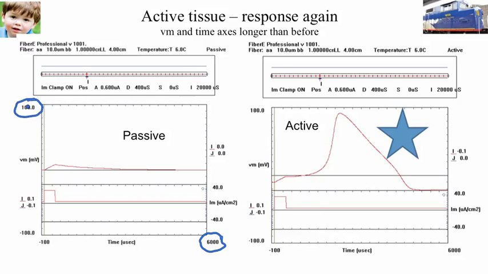And we have that both on the passive curve and on the active curve, so they correspond. First, let's look at the stimulus. The stimulus down here is exactly the same, 400 microseconds long, same amplitude.